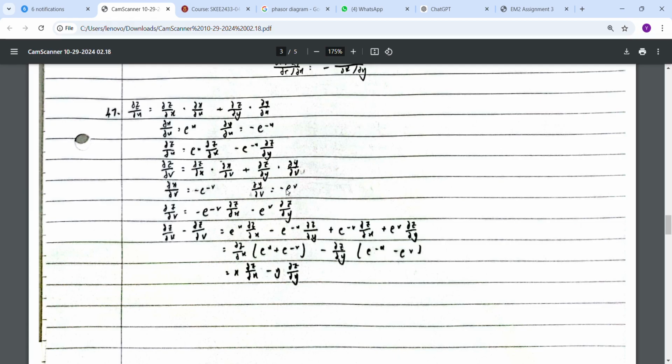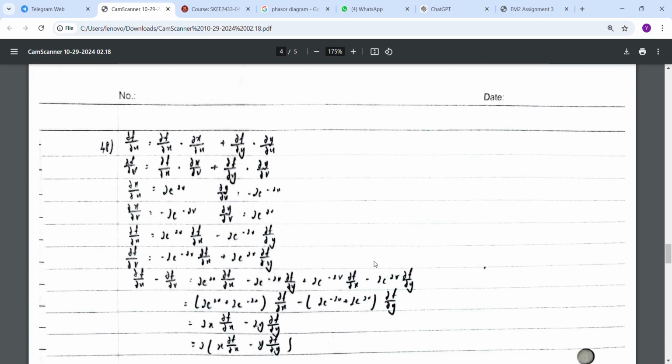After that, we can insert the values back into our first equation. Then we compute ∂z/∂u minus ∂z/∂v, and insert all the values to find the final answer.